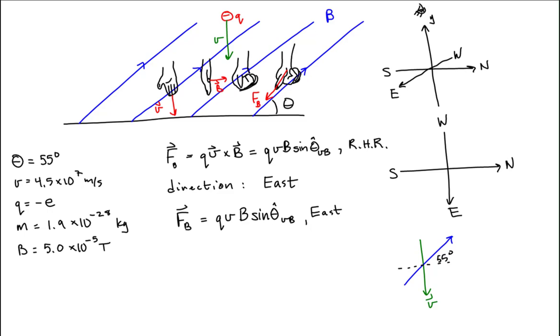This means that the reference angle between the magnetic field and the charge's velocity is 35 degrees. So we have the angle between the velocity and the magnetic field, or the reference angle rather, is equal to 35 degrees.